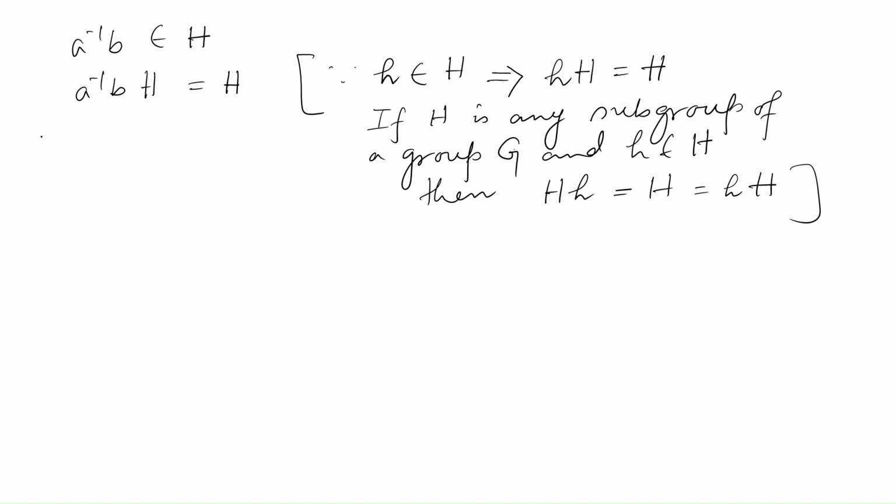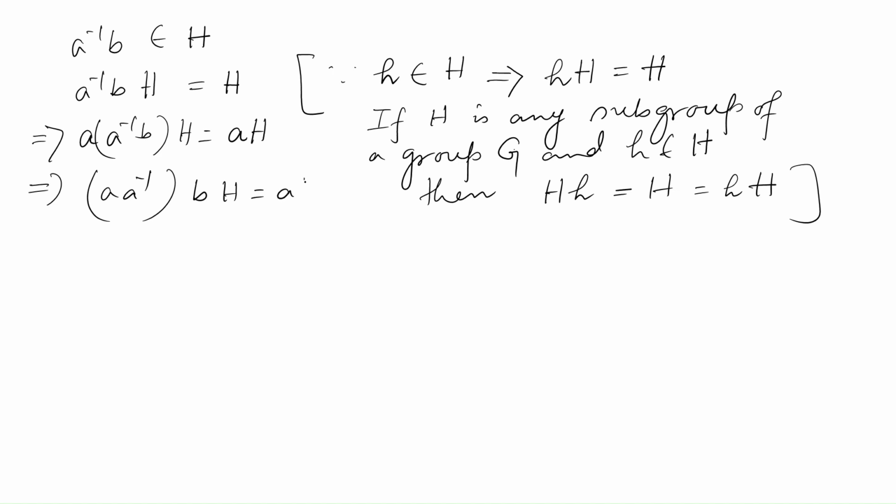Now here we can take a in the left hand side, a inverse b H equals H. So aH, a will be there on the left of H in the right hand side. Now a inverse bH is aH. a inverse is e, which belongs to H, so ebH equals bH.